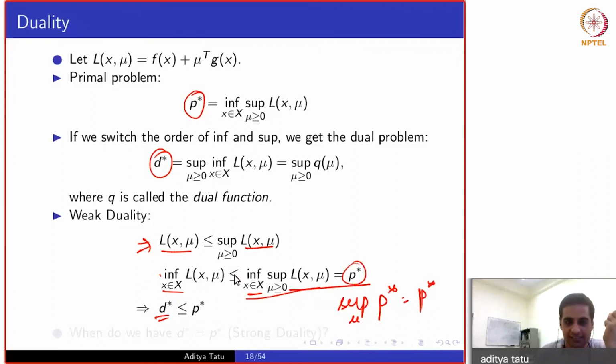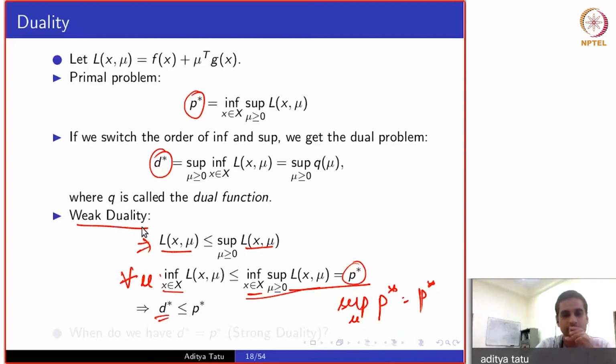This is less than or equal to, for all values of mu, this inequality is satisfied. So that is why this d star will always be less than or equal to p star. This relation is what is called weak duality.